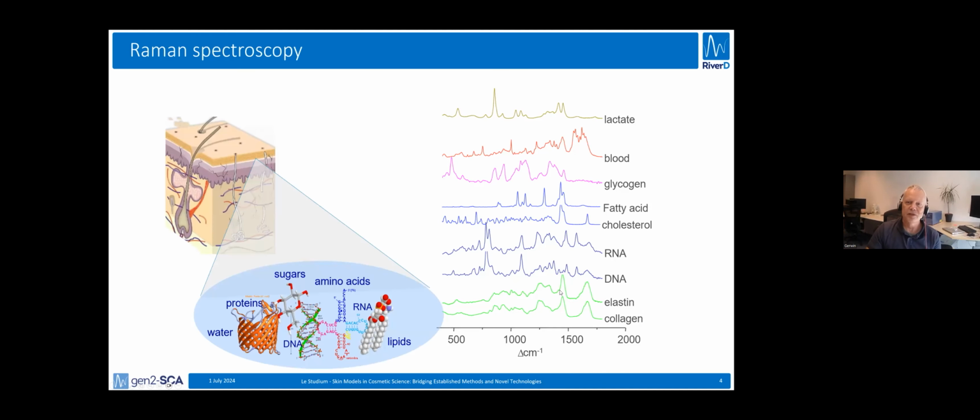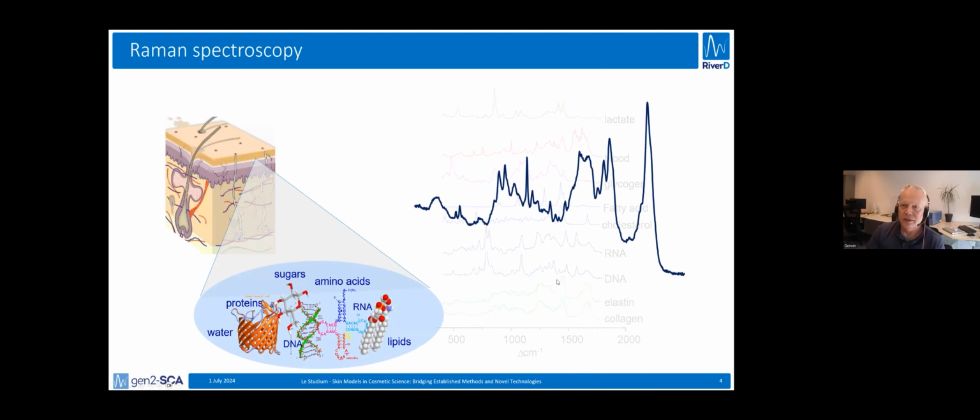Now, if you apply this to tissue, you get very complex spectra because all the molecules present in the tissue contribute their own Raman signal to this one tissue Raman spectrum. Nevertheless, a tissue Raman spectrum, in this case a skin spectrum, is a one-to-one representation of the overall molecular composition of the skin.